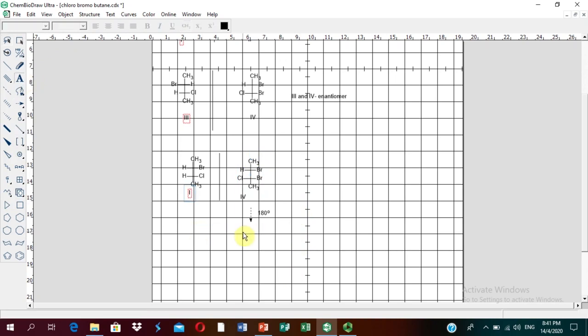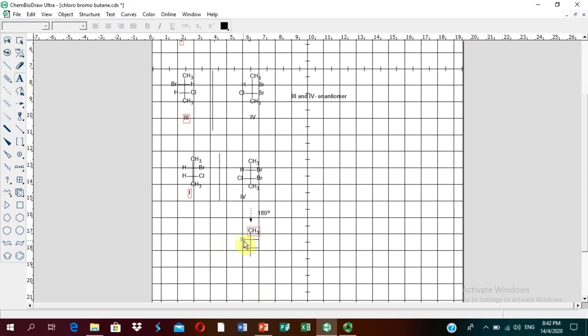Okay, just redraw. CH3. And then, okay, we flip 180 degrees, so Br becomes the other side.